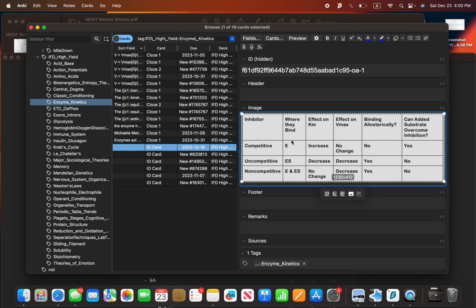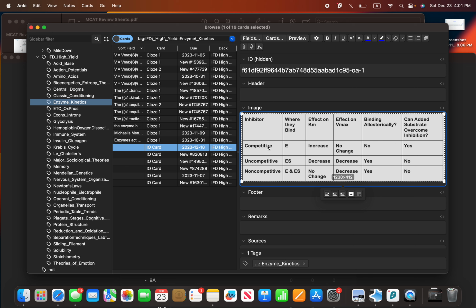So where do they bind? So where does the inhibitor bind? The competitive one is a direct competitor of the enzyme. So it must attach to the enzyme, right? Because it is directly competing with the enzyme.